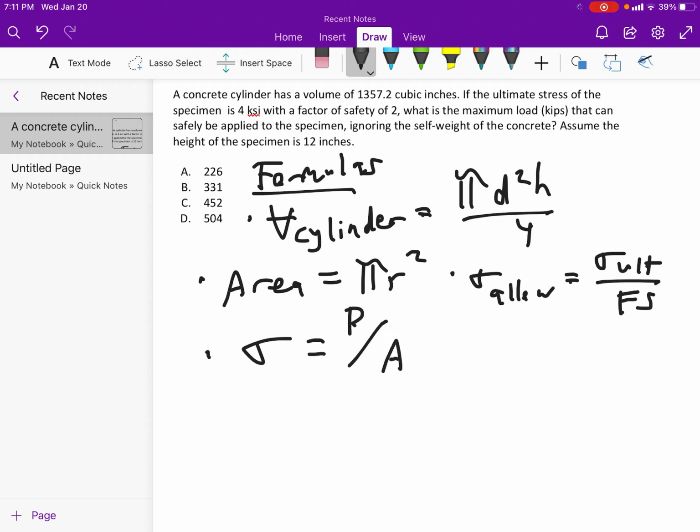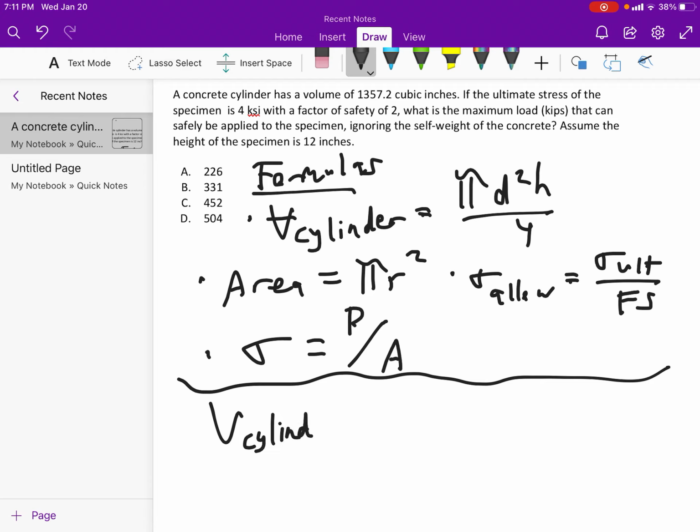So we're going to start with the volume of the cylinder. Let's do a little break here. So the volume of the cylinder is 1,357.2 cubic inches, and that is going to equal pi d squared.